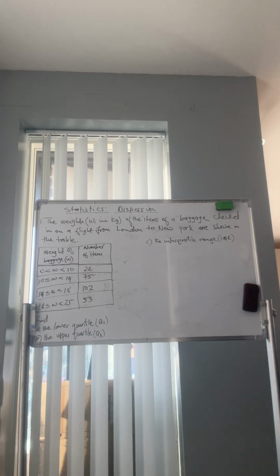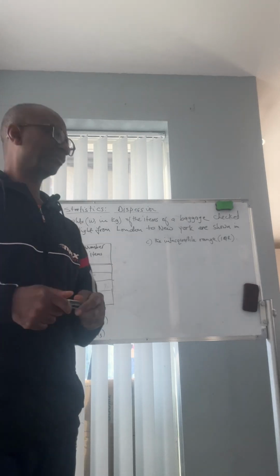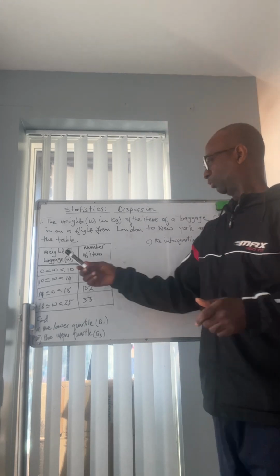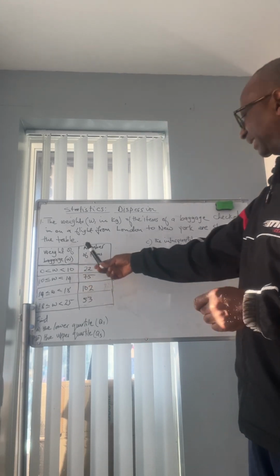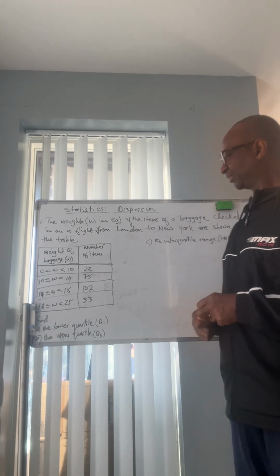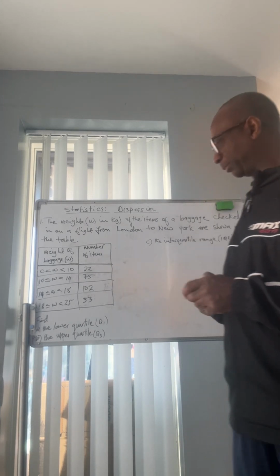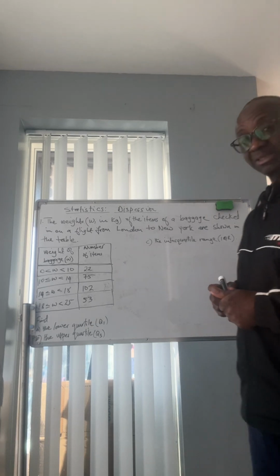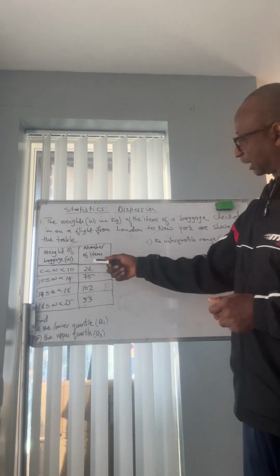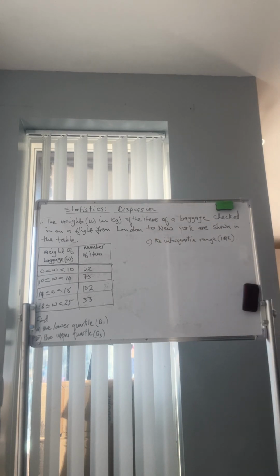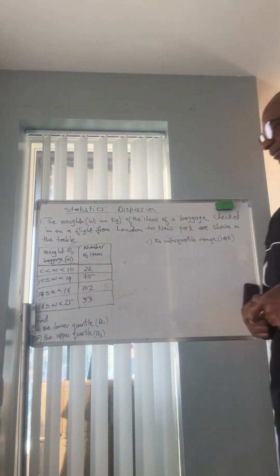So where do we start when we are given a problem like this? It's almost always certain that in statistics, when you are given these kinds of tables, you can't just jump straight into solving the problem without adding another column to this table you are given.